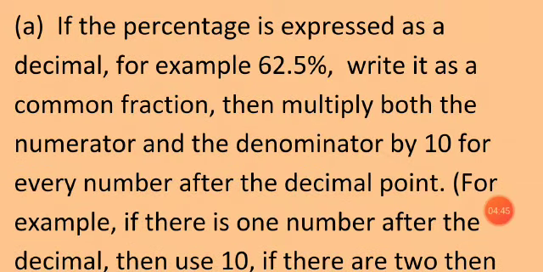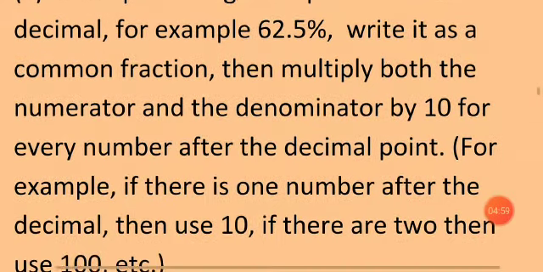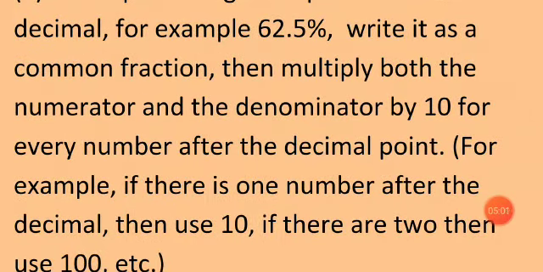So we want to bring it to a whole number, considering the number of decimal places. By number of decimal places, I mean the number of digits after the decimal point. For 62.5, we have just 5 at the back of the decimal point. That is one decimal place.